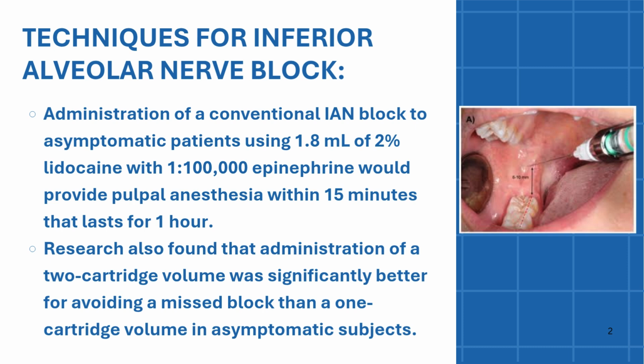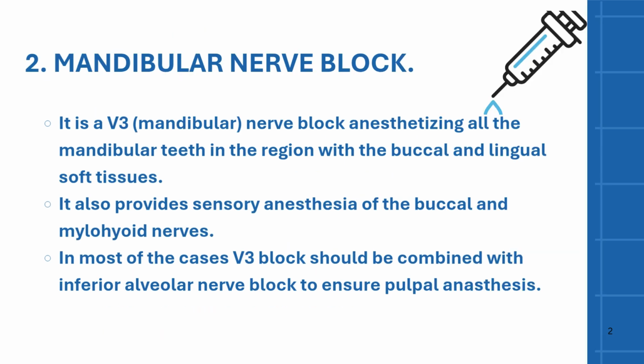Research has found that administration of 2 cartridge volume was significantly better for avoiding missed block. So keep in mind that you need 2 cartridges to ensure the success of your inferior alveolar nerve block.